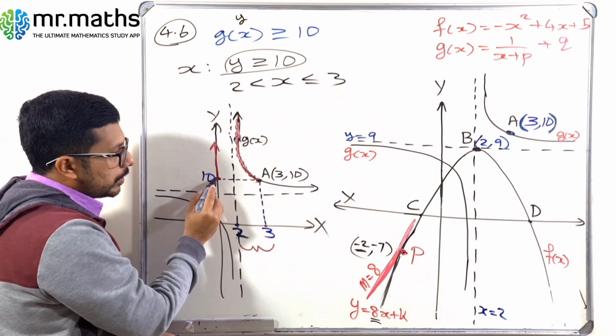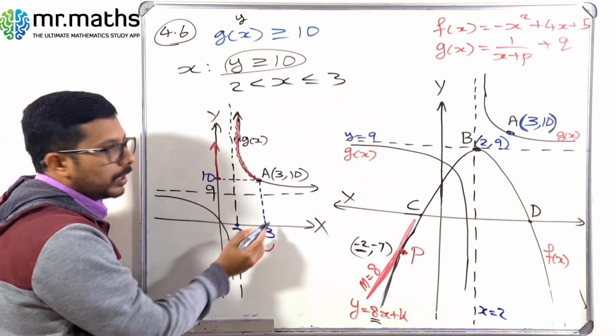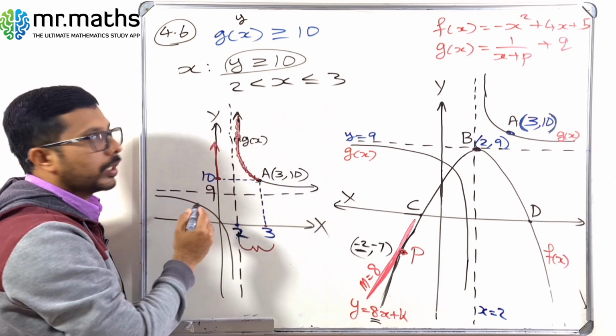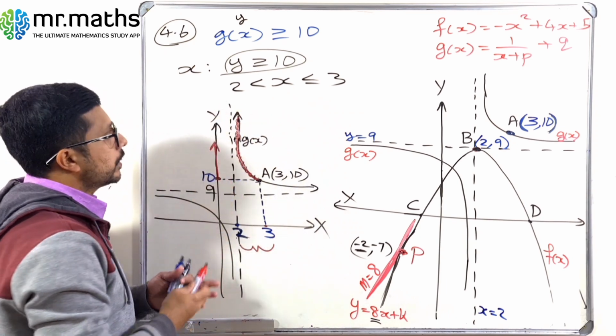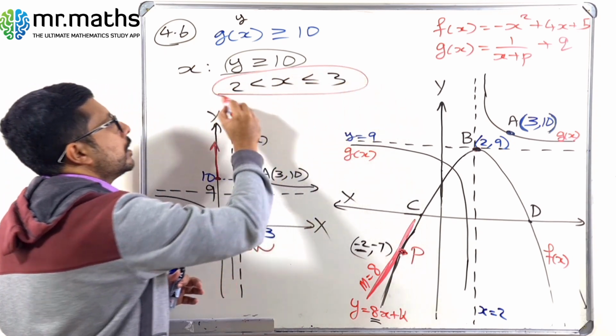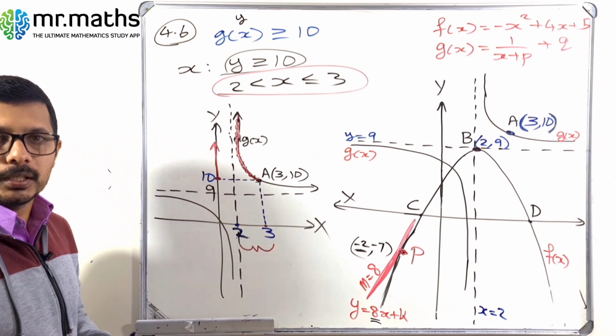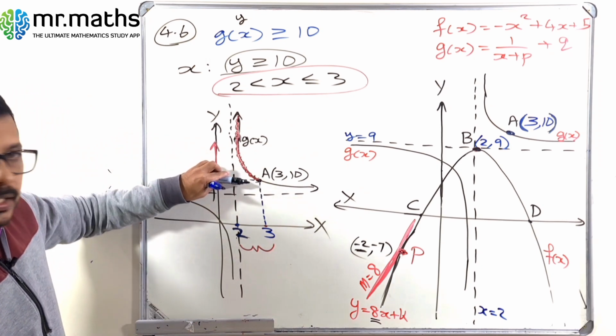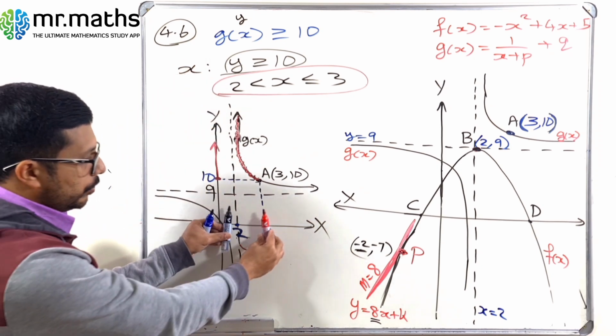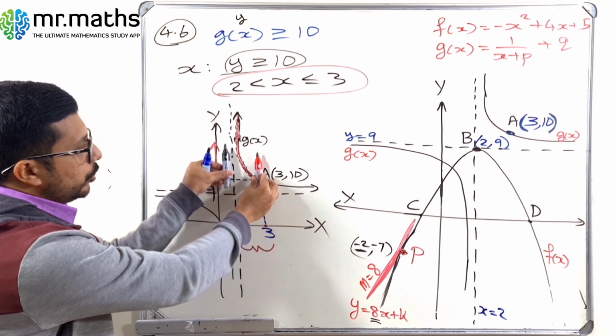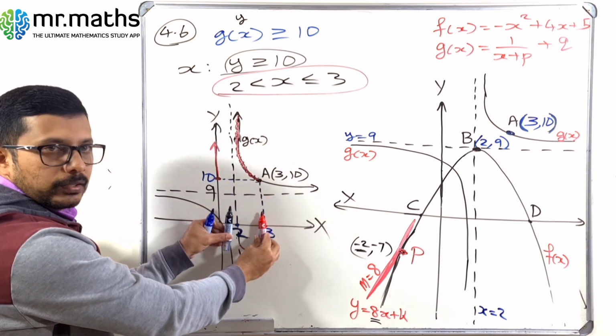When y is 10, what is x value? 3. So you can include that 3 also. Okay. So this is the answer. What is the answer? 2 less than x less than or equal to 3. So it means that when y is greater than or equal to 10, the value of x lies between 2 and 3. Can you see that?